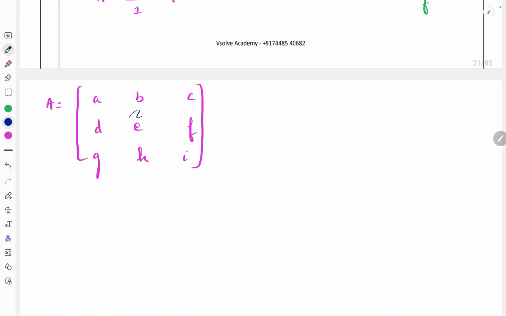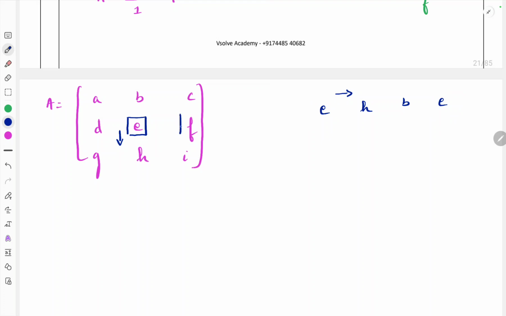What I will do here is take this middle element, E. In this order I have to take the elements, but while writing I have to write this in row form, because anyway we have to take the transpose of cofactor. So we are only changing the column to row. So E, H, B, then E again. Whatever we started with here, we will end with E.